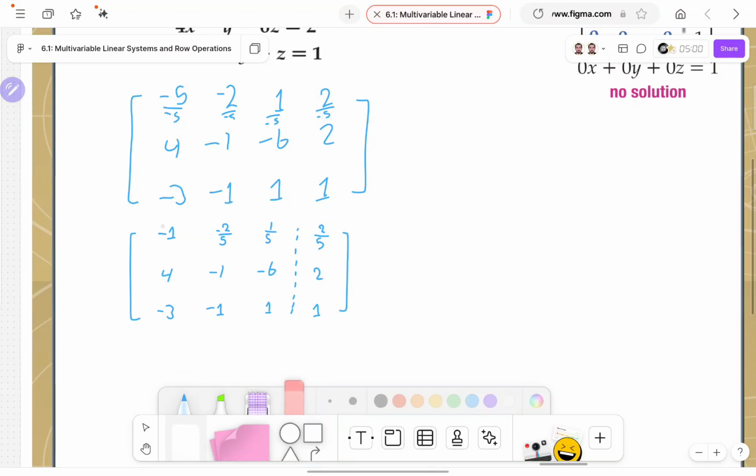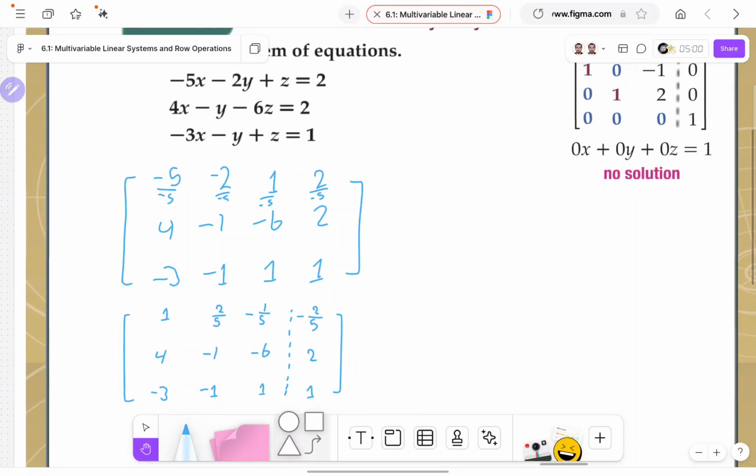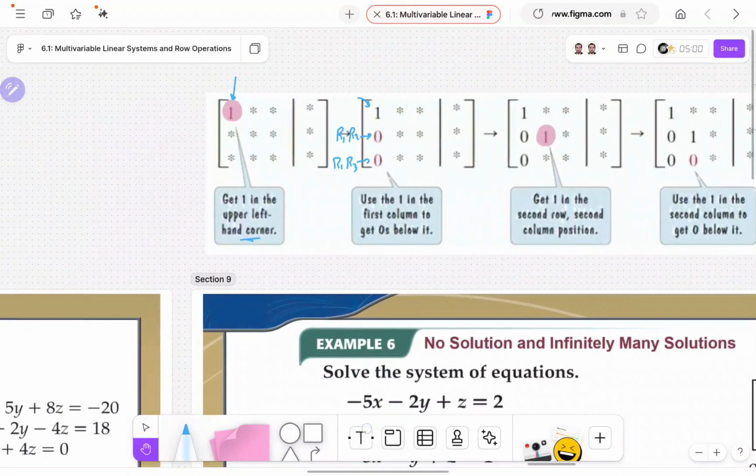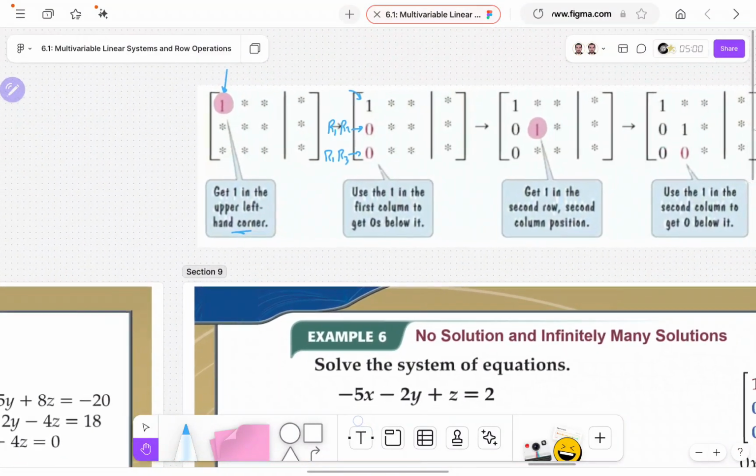Now -5 divided by -5 is equal to 1. Then -2 over -5 becomes +2 over 5. Then here it becomes -1 over 5, and here -2 over 5. So this is the new matrix after I made the first value 1, a 1 in the upper left.